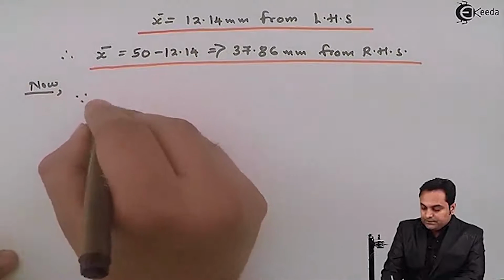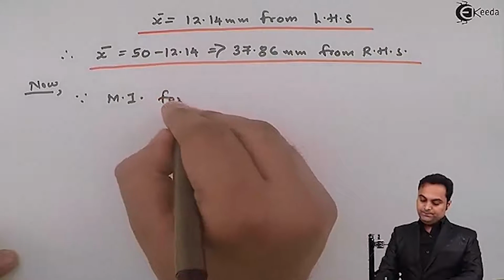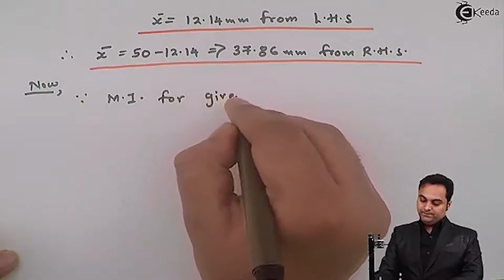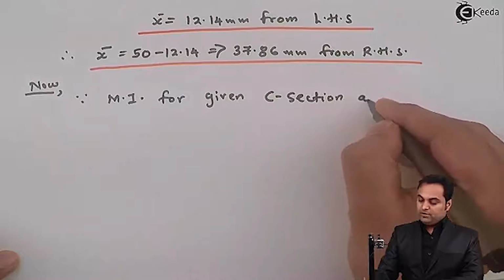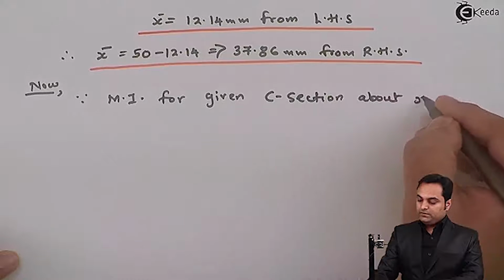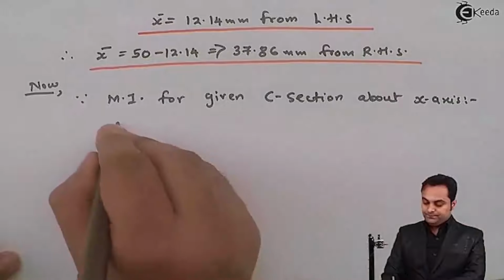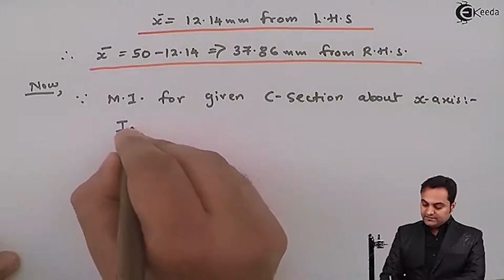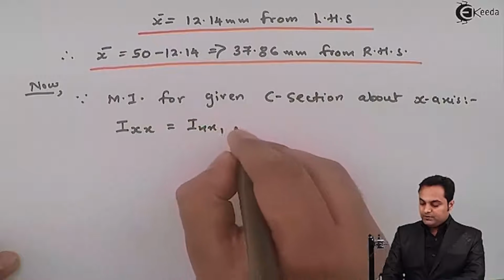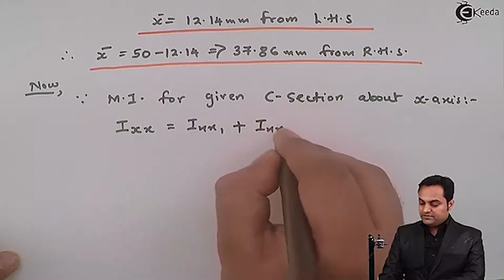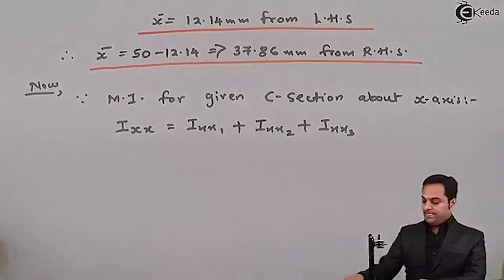So in this, the next step is, since MI, that is moment of inertia, for the given C section about the x axis is given by Ix is equal to Ix1 plus Ix2 plus Ix3.